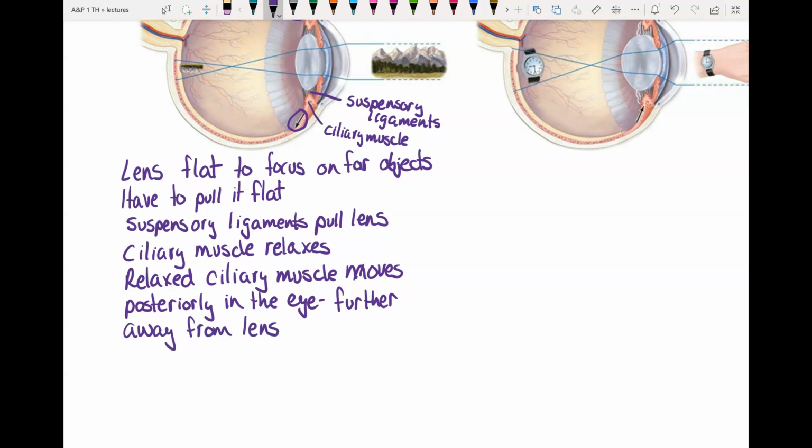Well, since it's moving further away, then it pulls the suspensory ligaments, which in turn pull the lens. And when you pull the lens, it flattens. And now you're focused for distant objects.